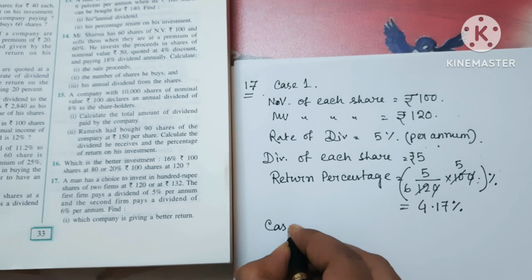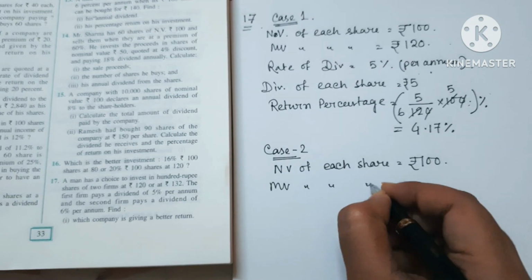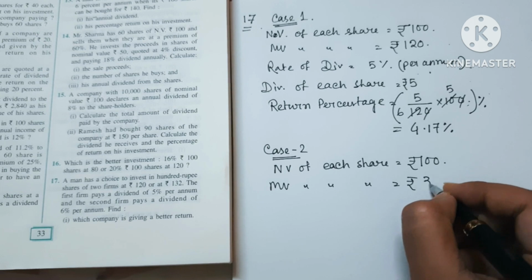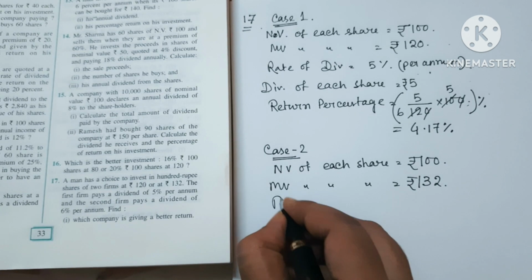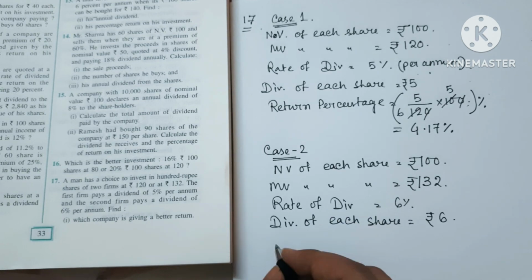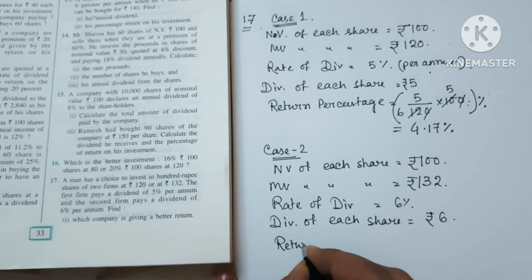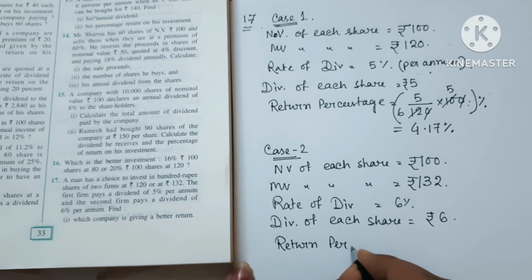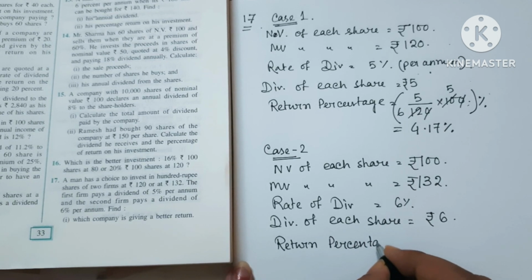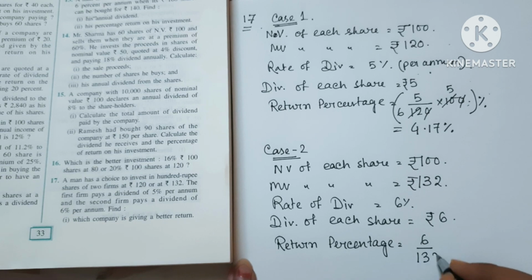Case 2: nominal value of each share, market value of each share, rate of dividend, dividend of each share, and return percentage in this case is 6 by 132 into 100%.